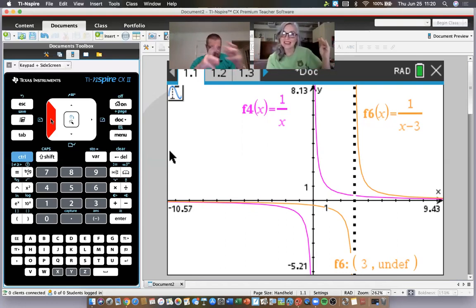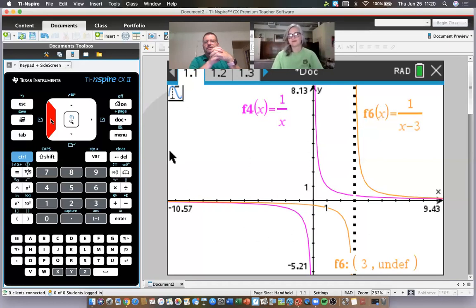So you can see as x approaches 3 from either direction, the function's going really high up or really low down. So you've got that same restriction happening there. I just talked in circles. I'm going to let you take over.